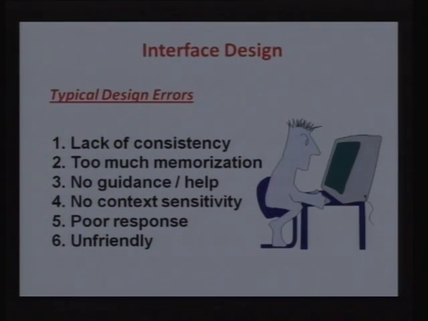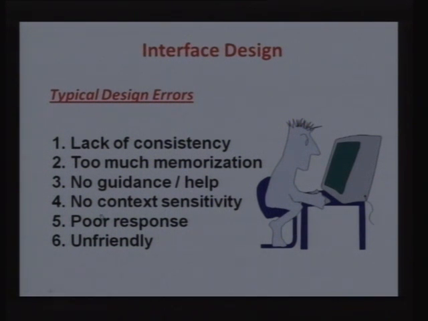Now beyond this point, let's look at what other factors can really help us in the interface design. And this interface design we are perceiving in the manner that typical design errors are observed and noticed, and these include lack of consistency, too much memorization, no guidance, no text sensitivity, poor response, and unfriendliness.